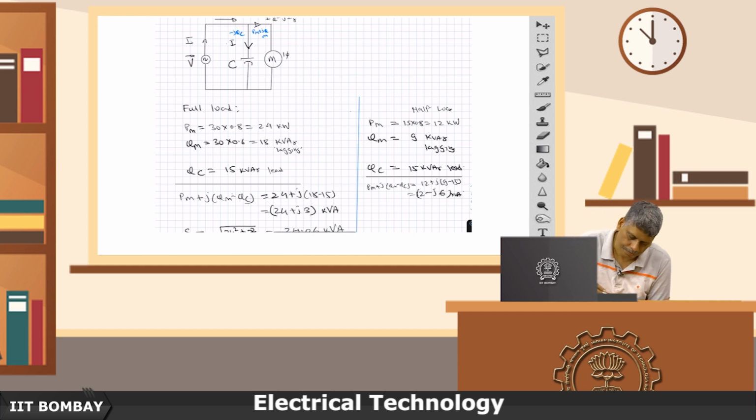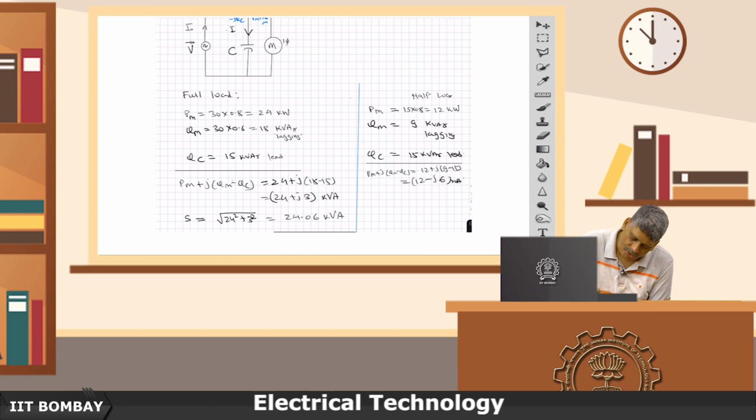See, compensating at unity power factor is the ideal case, but there is a compromise. If you keep changing the capacitance, then you need a variable capacitance, which is extra effort in terms of controls and sizing of the modules of capacitor.